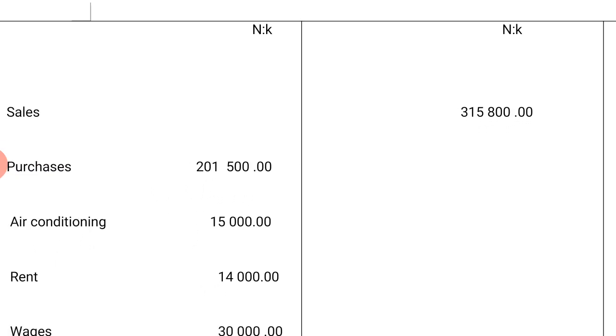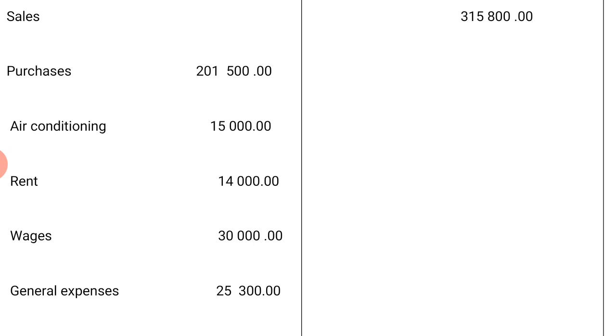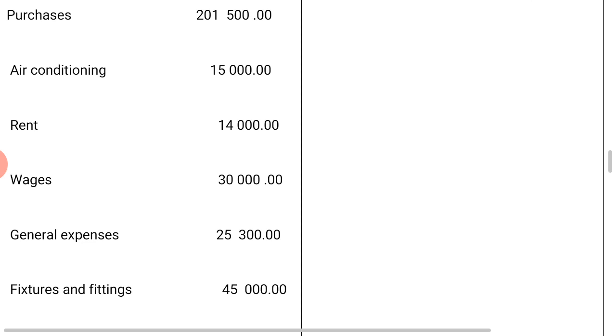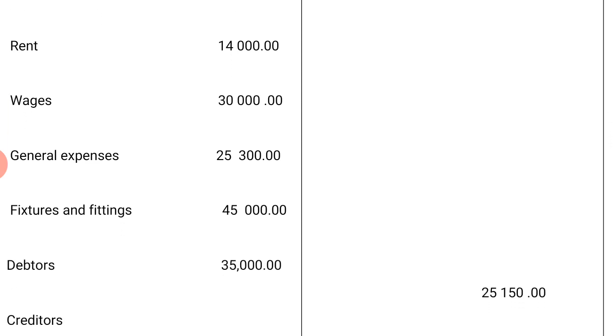Sales. So we have it in our columns, that is debit side and the credit side. So the sales is 315,800. Purchases 201,500. Air conditioning 15,000. Rent 14,000.